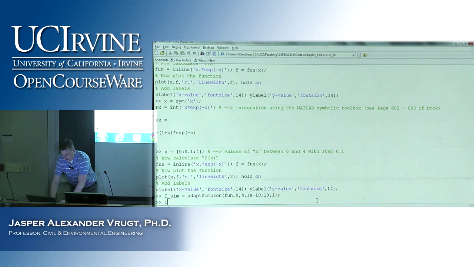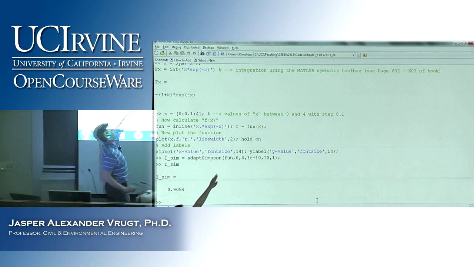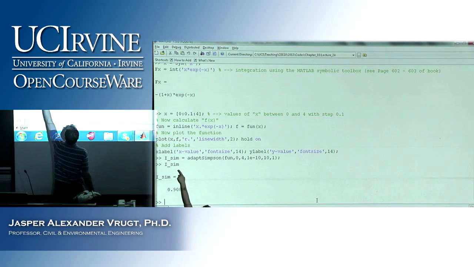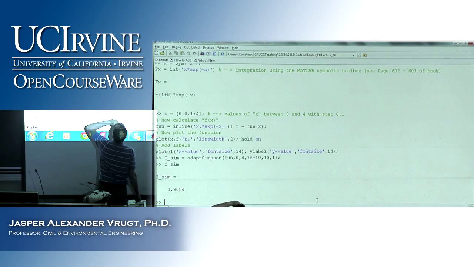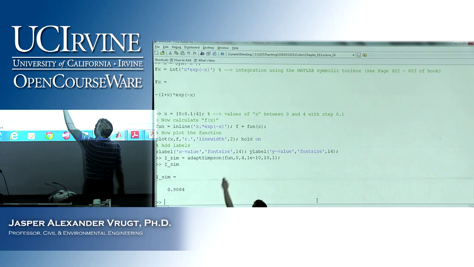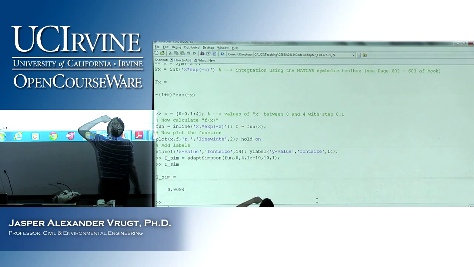And so now I get an estimate of the integral. This is the function name, that's an inline function. You see there, fun is inline x times exponent minus x, and again the dot is used after the x so that we work with vectors. 0 is a, the lower bound of the integral, 4 is the upper bound.